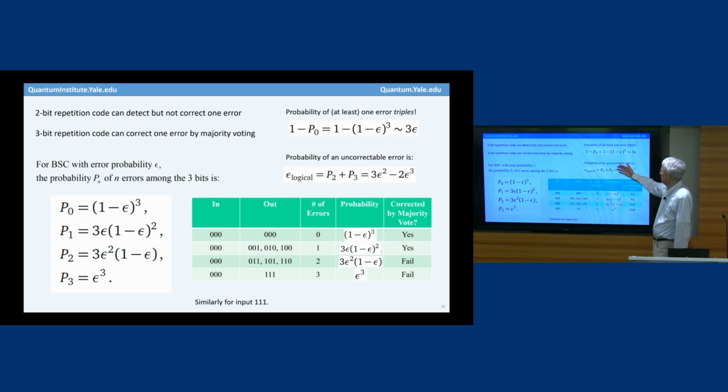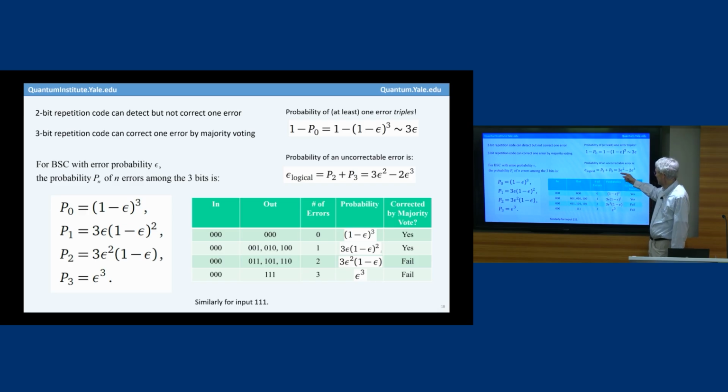Okay. So the probability of an uncorrectable error, that is, there are 2 physical errors or 3 physical errors. Because it's an or, you should add the probabilities, not multiply them like you do when it's an and.